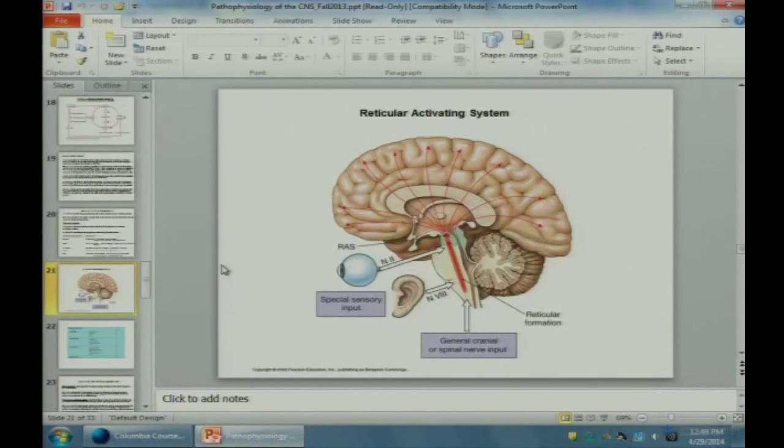Okay? So we're going to talk more about levels of consciousness and more about coma and losing consciousness. But the reticular activating system is a really important component to maintaining cortical arousal and consciousness. Okay.